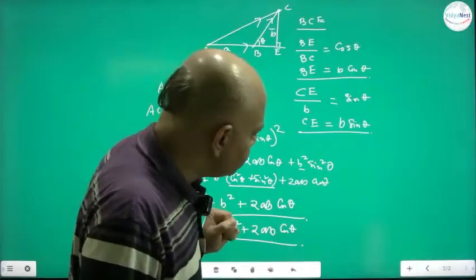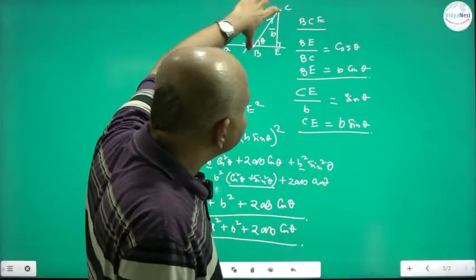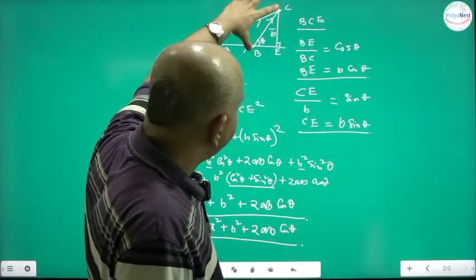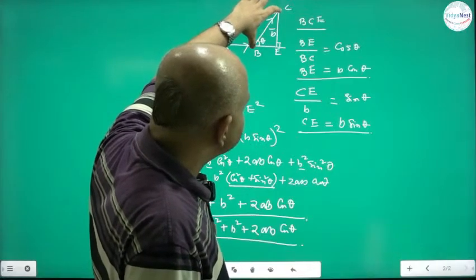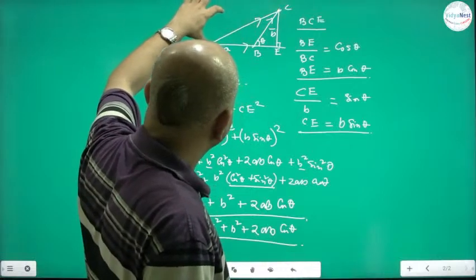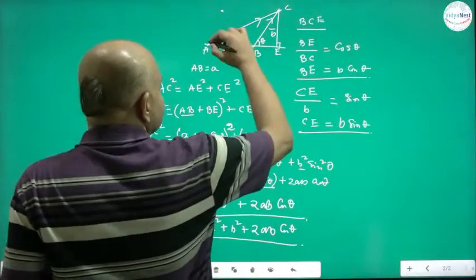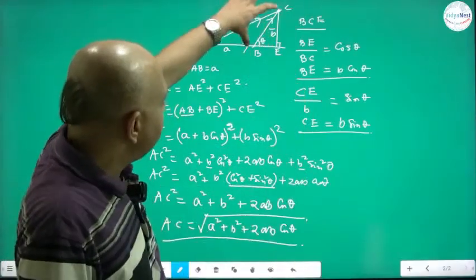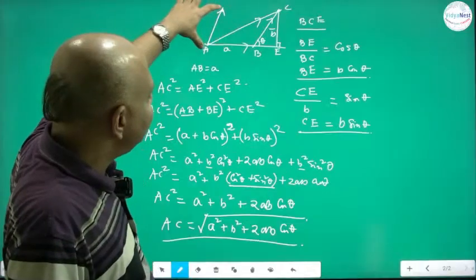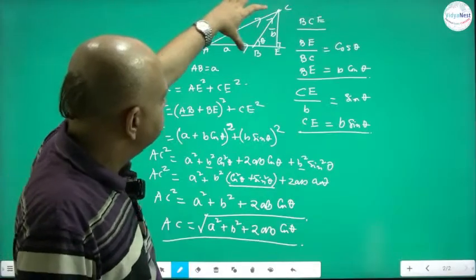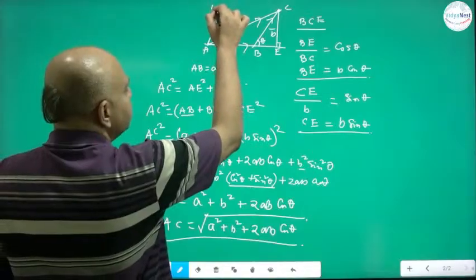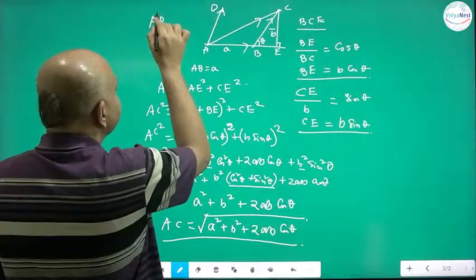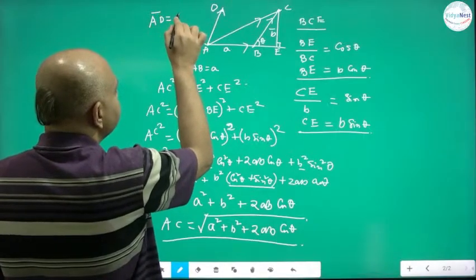One thing you see, this length is BC. What is the magnitude? B. If I just copy this vector and put it here, same magnitude and parallelly shifting, suppose this point is D. Then I can write BC vector is equal to AD vector.